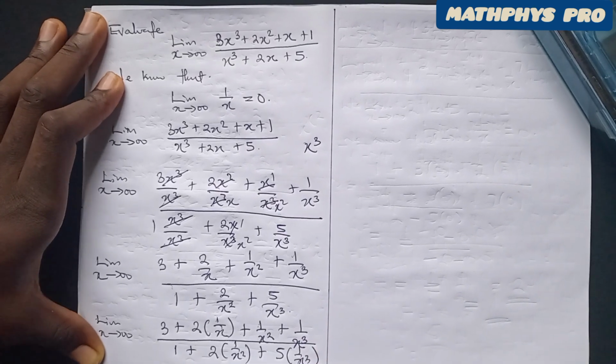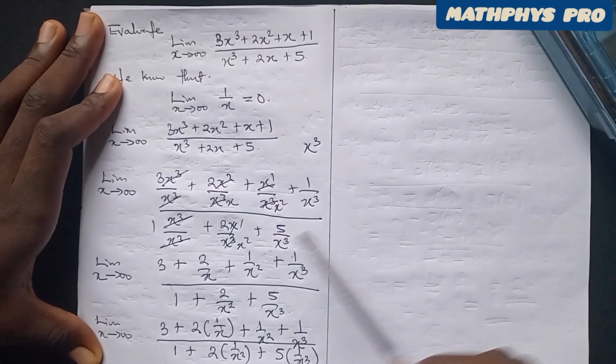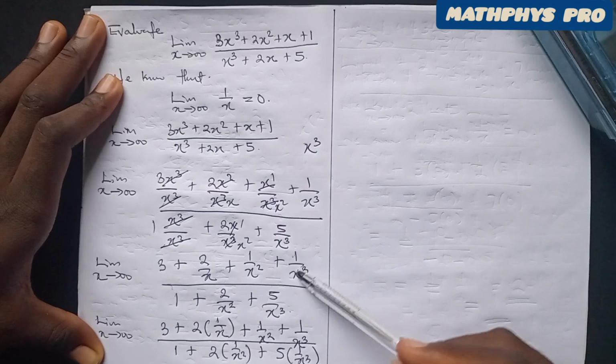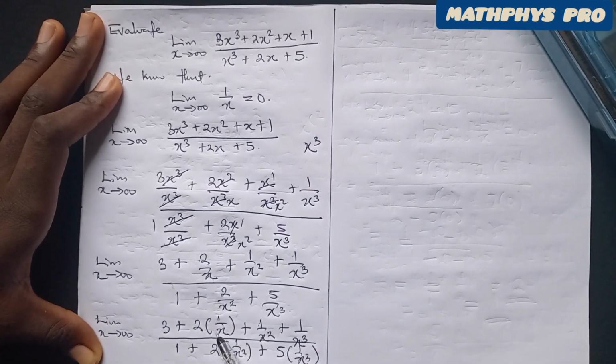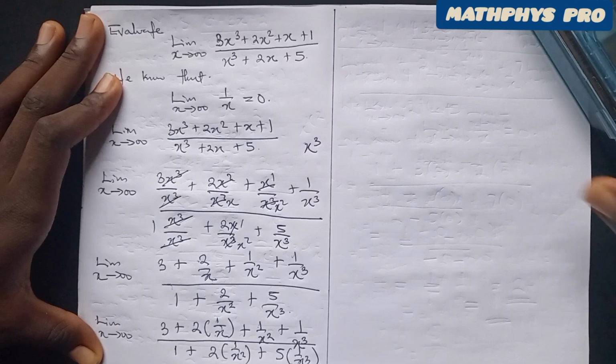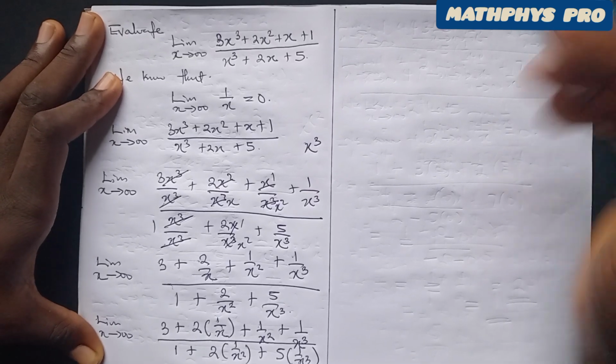So from the first question we evaluated, I explained how to convert from 2 over x cubed to 2 bracket 1 over x squared. So you can feel free to go back and revise it.